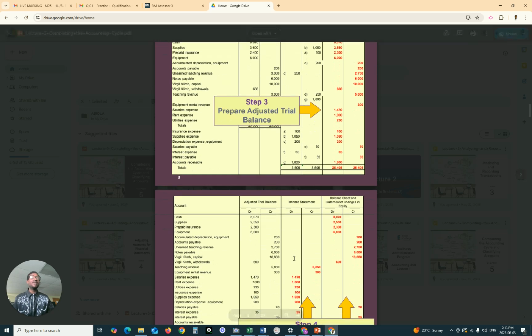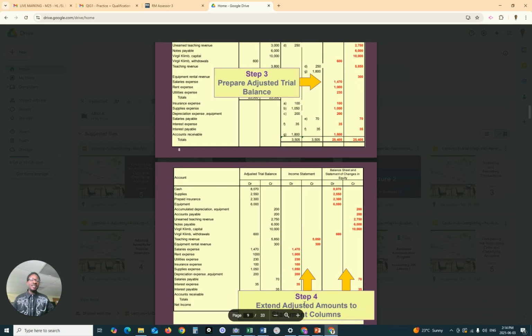Next is now to prepare the financial statements, which is income statement, balance sheet, and changes in equity. Now, all income minus all the expenses would give us net income. For balance sheet, all assets which are on the debit side would be equal to capital and liabilities. So the total here would be equal to the total here.